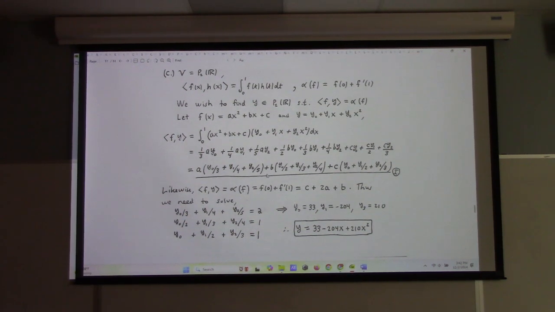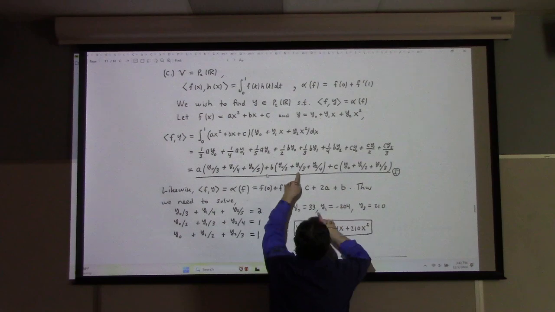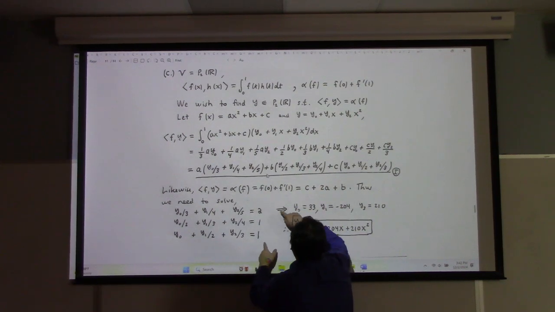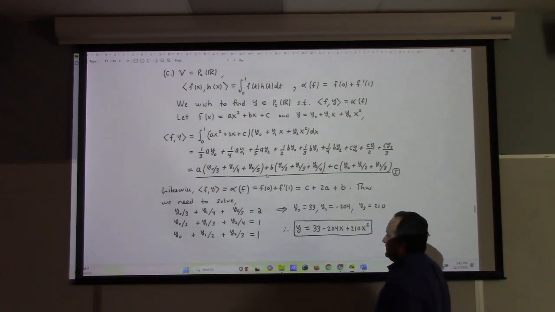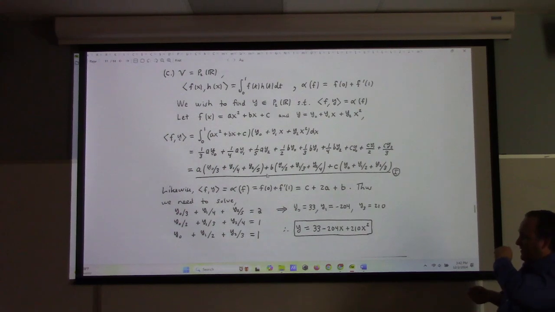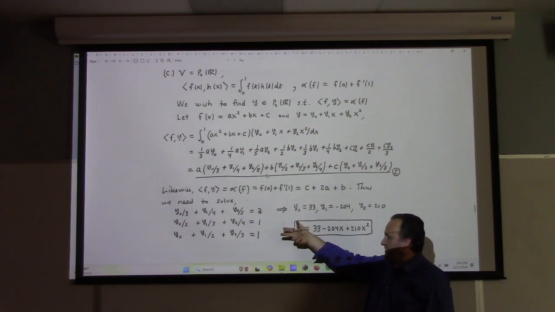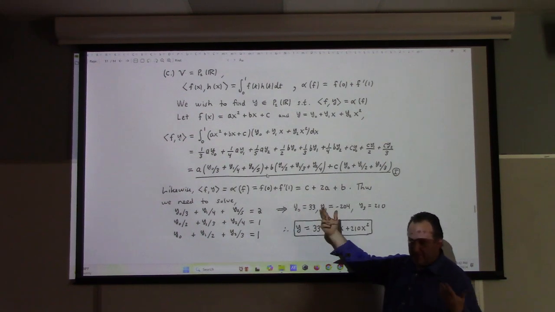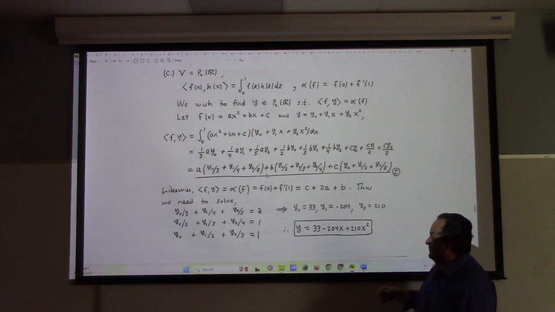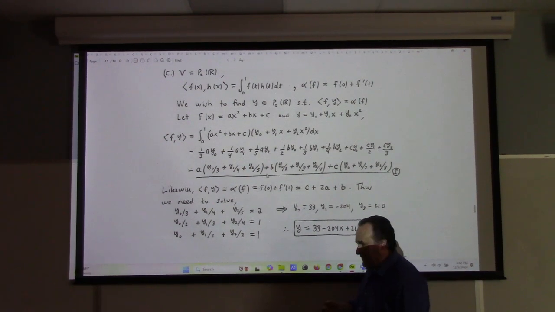So I need to equate coefficients of a with a, b with b, c with c, which is why I've got a 2, a 1, and a 1. After some solving, I get these from those equations. I plugged it into the calculator, and that's what came out. Then I looked in the back of the book, and it also had this, and I was like, yay.